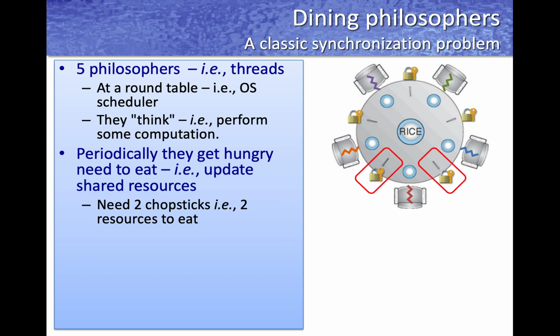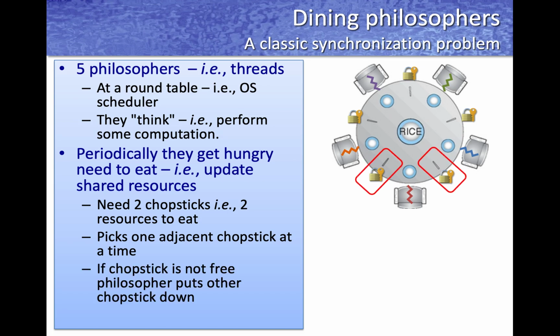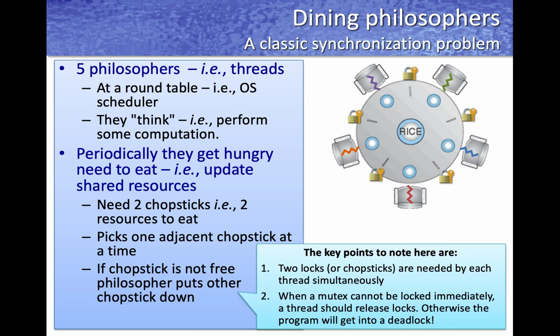in order to be able to pick two chopsticks simultaneously. So here what happens is a philosopher will pick one chopstick if possible. That means he'll acquire one of the locks. Next, if the next chopstick is not free, the philosopher should put down the chopstick that it locked. Keep in mind the idea is you need two locks or two chopsticks simultaneously.